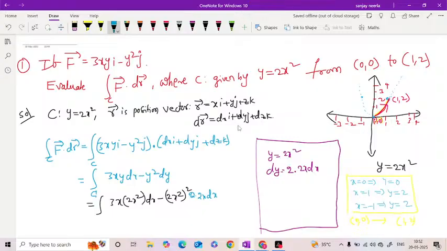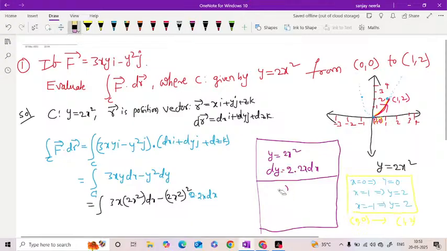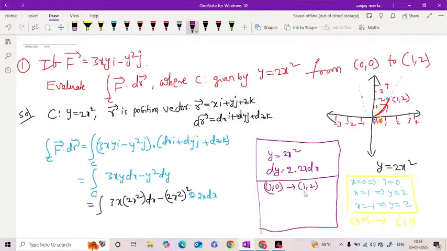Okay, now come to the limits. Already we know what our points are: 0, 0 to 1 comma 2. That means x limits run from 0 to 1 and y limits run from 0 to 2.